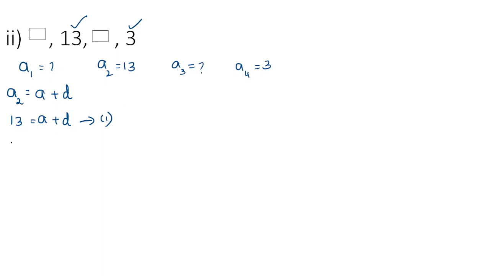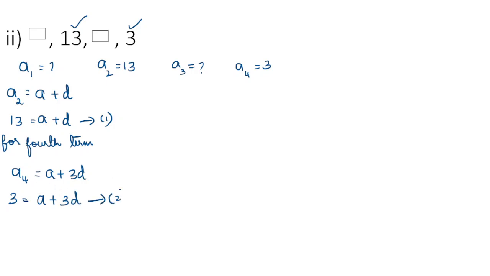Now for the fourth term, A4 is equal to A plus 3D. Fourth term is 3, equal to A plus 3 into D. This can be our second equation.